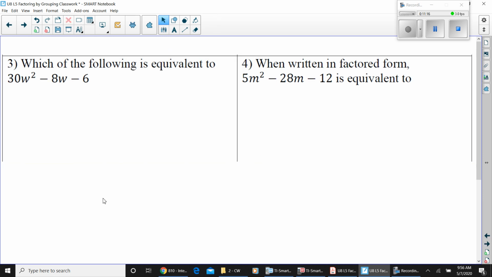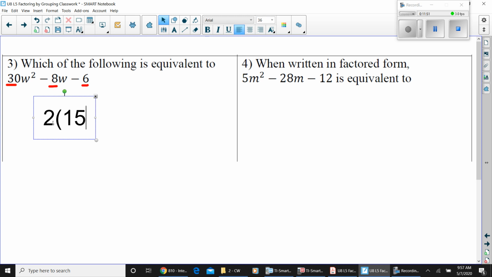Okay, so number 3. First thing you do is look for a greatest common factor of 30, 8, and 6. So I see a greatest common factor there, basically 2. Alright, and I am going to factor out a 2, and 2 times what equals 30, 2 times 15 equals 30.